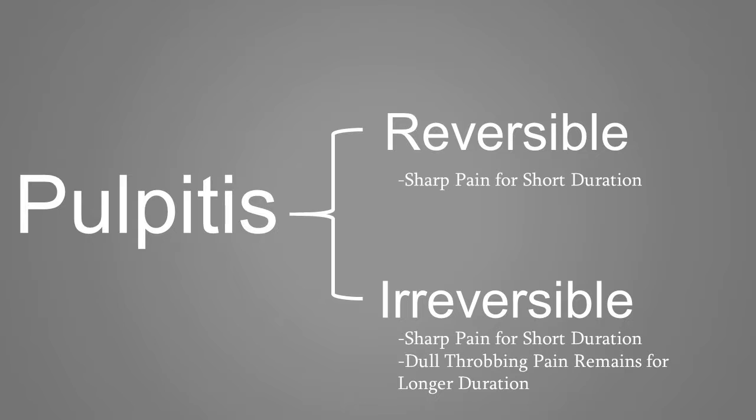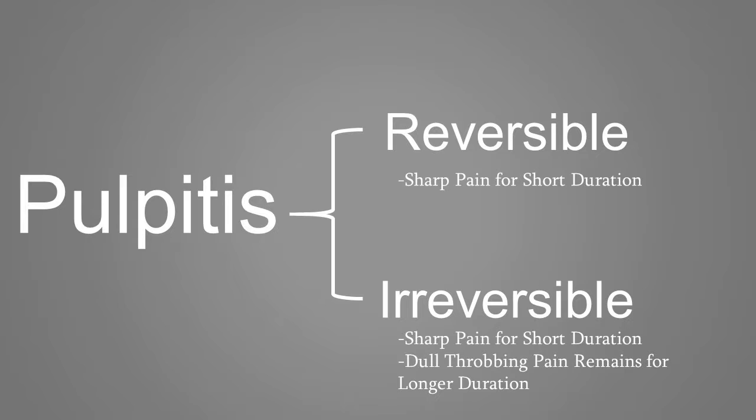In other words, the pain doesn't linger. We would consider reversible pulpitis as the early stages of pathology of the pulp. Reversible pulpitis can still be managed relatively conservatively if the causative factor is removed, such as an active carious lesion being restored, with the infected hard tissue being removed.